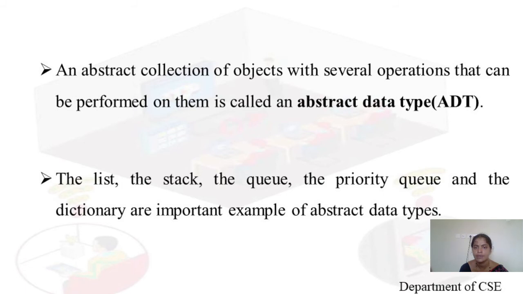The abstract collection of objects with several operations that can be performed on it is called an abstract data type, or ADT. The list, the stack, the queue, the priority queue and dictionaries are all important examples of abstract data types.